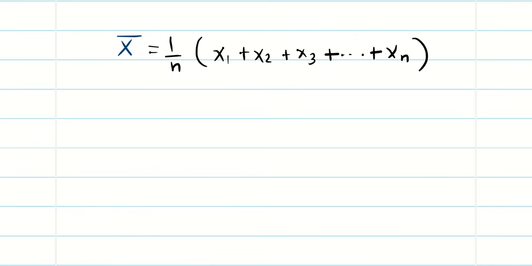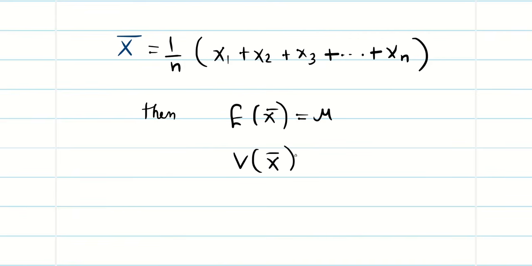Then we can say E of x bar is equal to mu, and variance of x bar is going to be 1 by n square of n sigma square as per the formula.